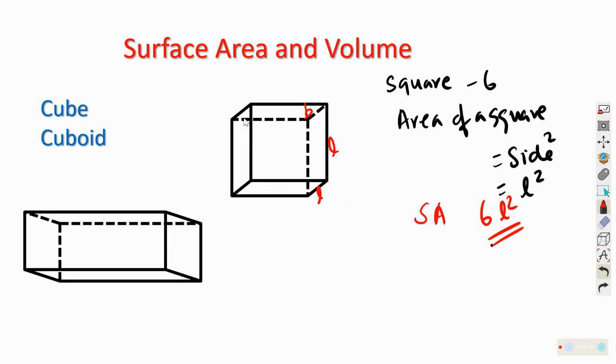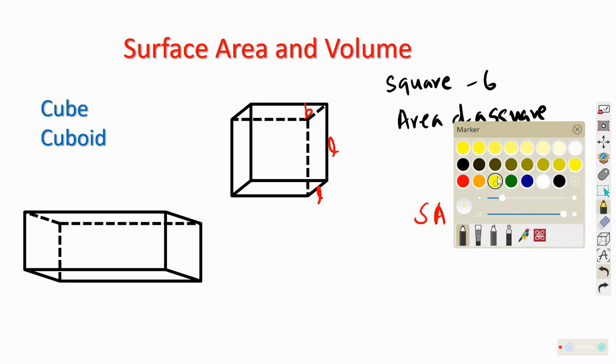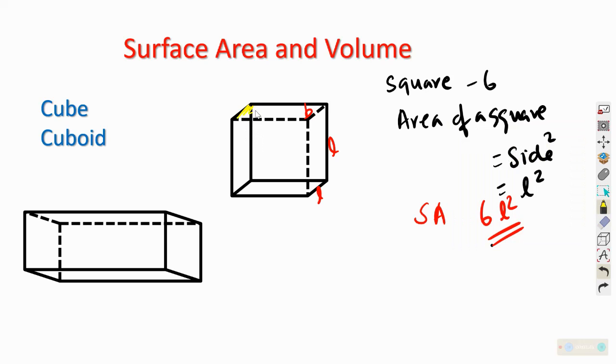If you are leaving just the upper side, if you think that you don't want to include this upper and lower, this is upper and this is lower according to my view, depends upon how you are looking. So there are other 4 sides, one at the back, one on the right side, one on the left side and one which is facing you.